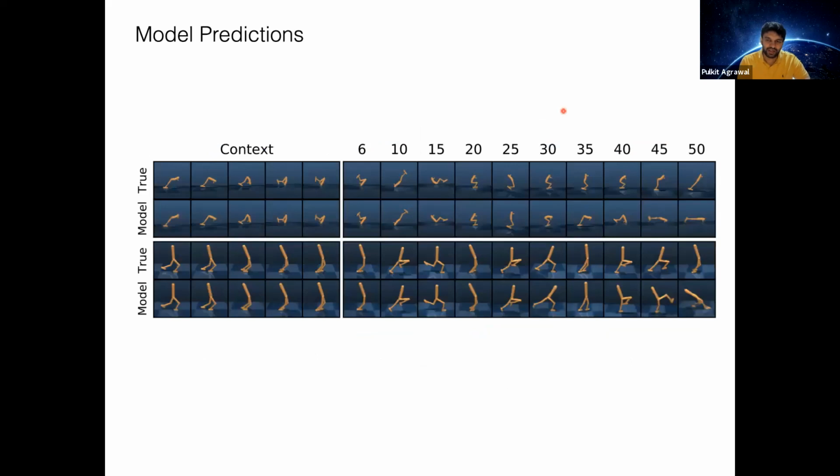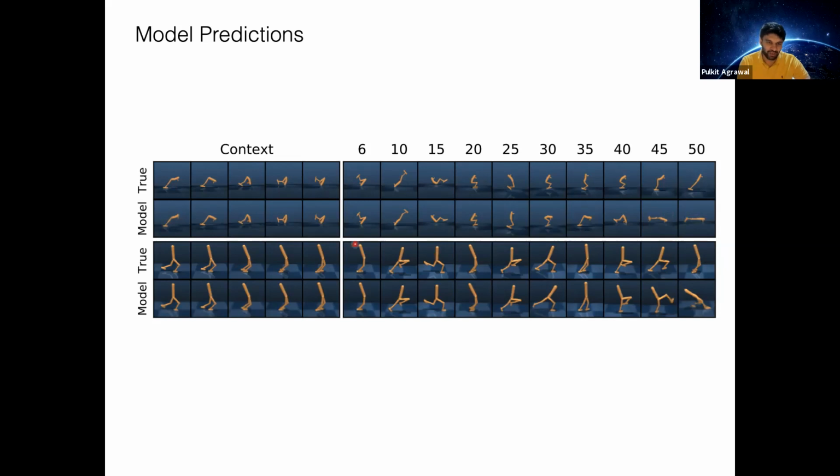Now, if we look at some of the predictions that this model makes, here is what the ground truth trajectory is. We feed in the first few frames, and then we want to see how it rolls out in the future, and this is the model's prediction, right? So what you see is it starts off being similar. At some point, it ends up diverging.